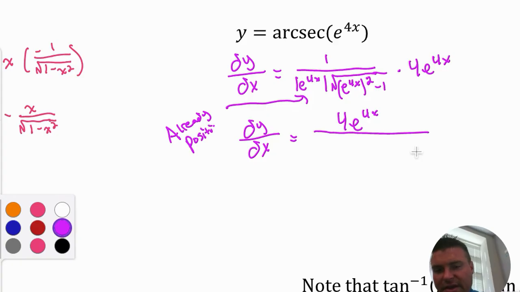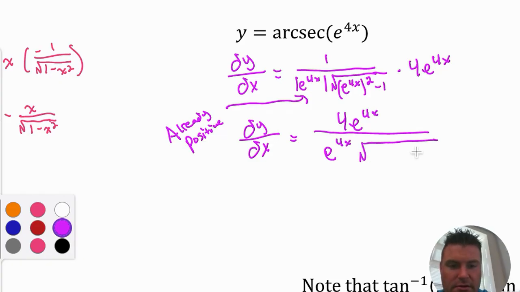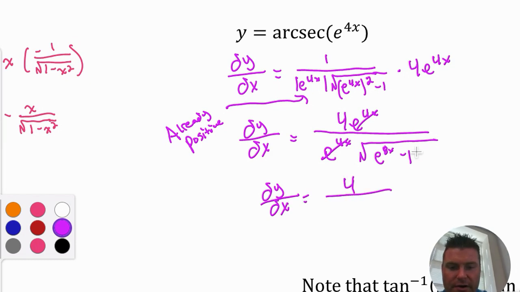So the absolute value is redundant because e to the 4x can only be positive. So let's rewrite this as e to the 4x times the square root of e to the 8x minus 1. Last thing here, these e to the 4x's will cancel out, and I will get a final answer of 4 over the square root of e to the 8x minus 1.